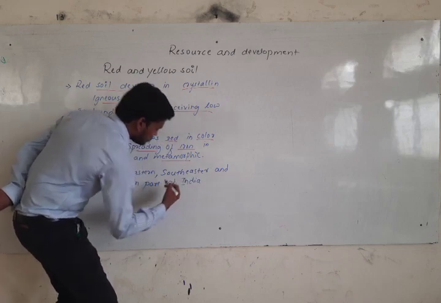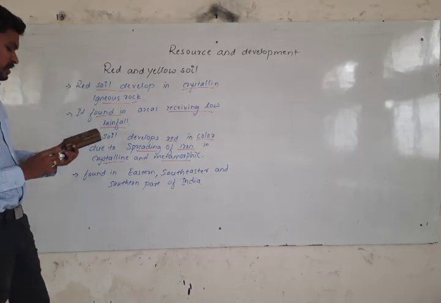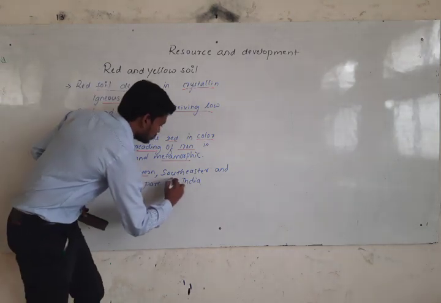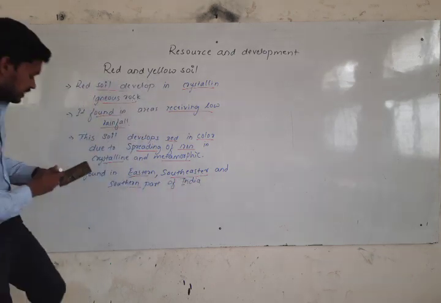Here we can find this red soil. Both the red and yellow soils are found in these areas, eastern, southeastern and southern parts of India.